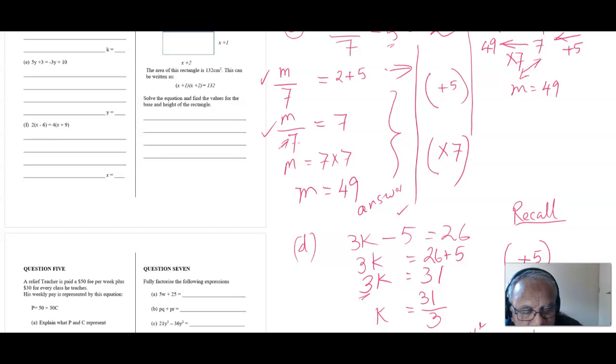Why do I suggest that? Because this is not the test where we are trying to figure out whether you know enough about fractional simplification. So we simply leave it like that, k equals 31 by 3, and we are going to accept it as the right answer.